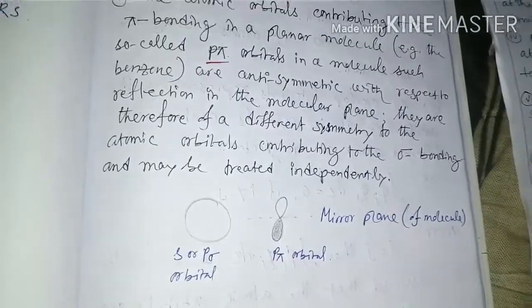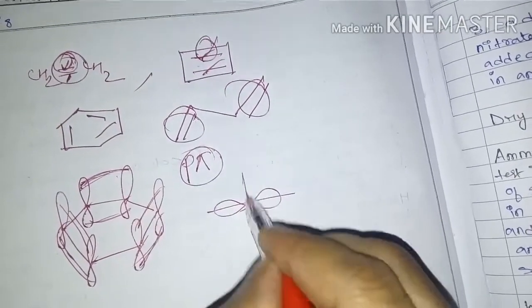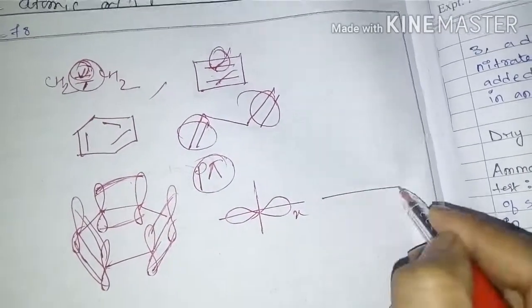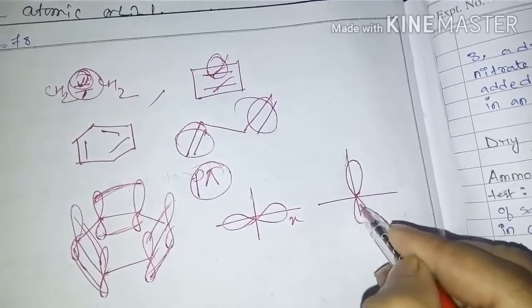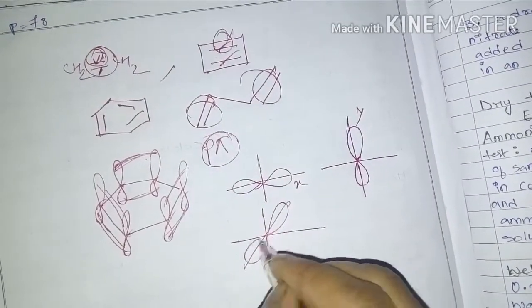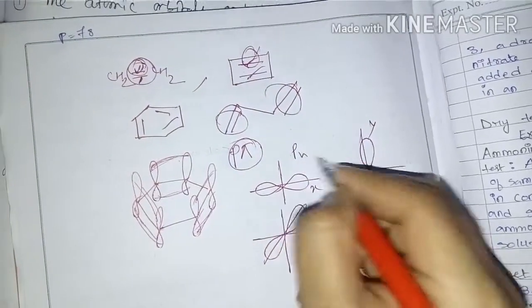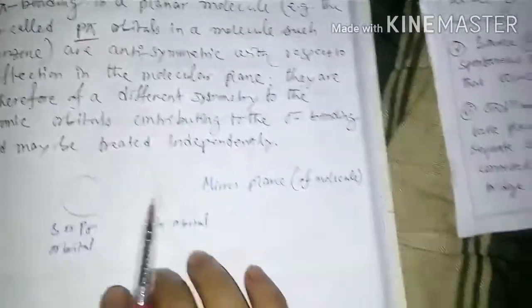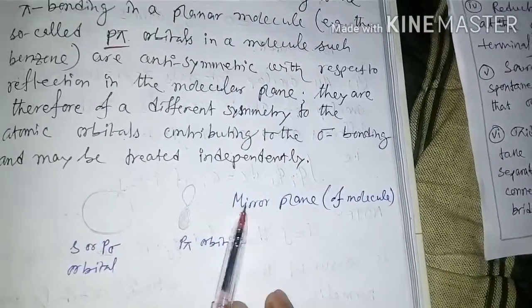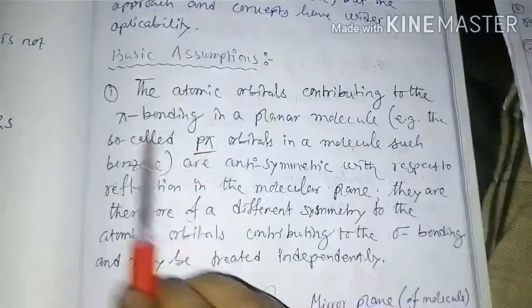The first is along the x-axis, another is along the y-axis, and another is along the z-axis. So this one is pz, and these are px and py. Understood? This is the mirror plane of the molecule, any molecule. So this is the first basic assumption.